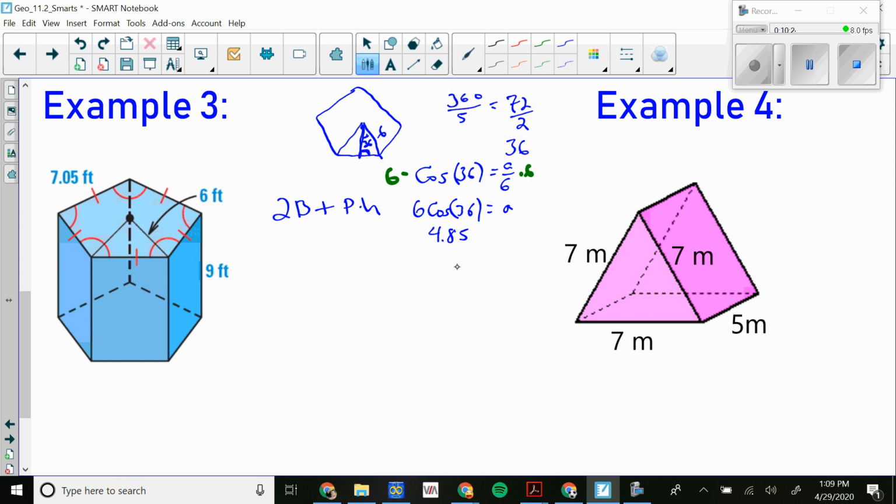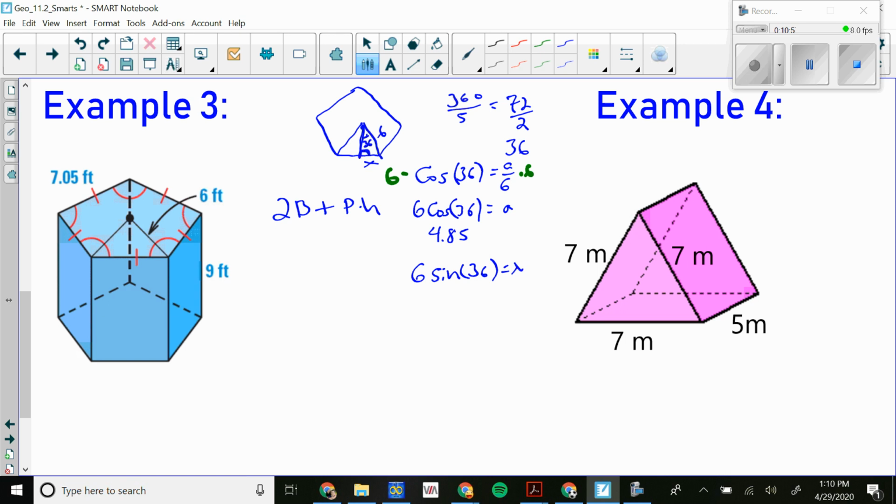4.85 is the apothem. So the area of one of the bases, we could say is going to be, so this is the apothem. I guess, sorry, we also need this length right here, and that would be sine. So the same thing, except now it's going to be 6 sine. I'm skipping a little step, but I just multiply by 6. 6 sine of 36 is going to equal, I'll call it x, maybe.